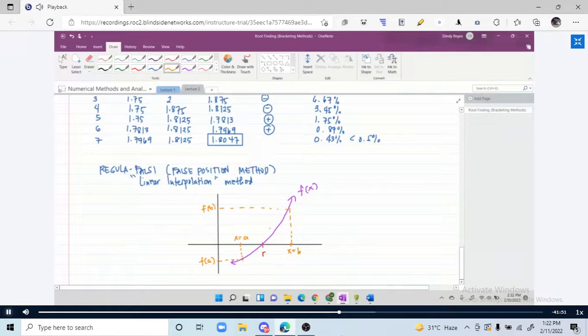Okay. What we do is connect these 2 points. Connect these 2 points. So this point at a f of a and this other point at b f of b. Connect the 2 points together.